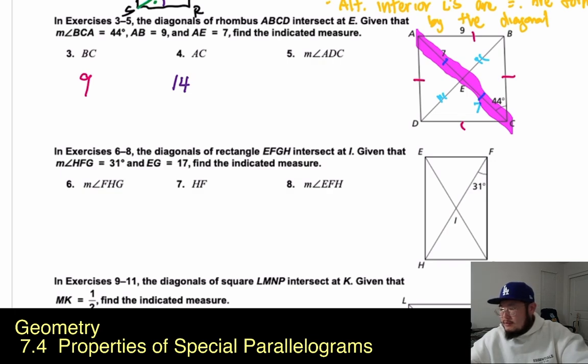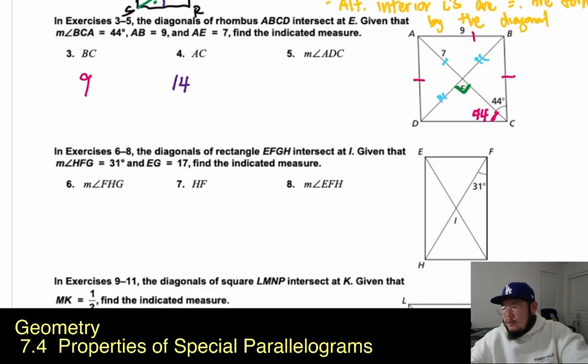This angle right here, I'm going to highlight, angle DCE, is 44. One thing that we just discovered is that the diagonals are 90 degrees. When they intersect, they form right angles.